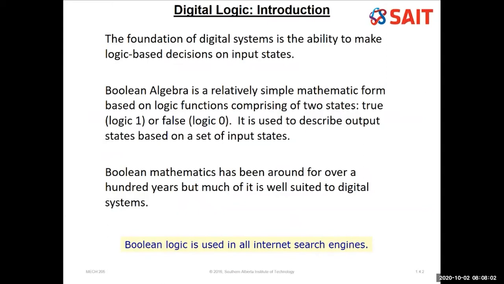We use it to describe an output state based on a series of inputs. Based on a series of inputs and decisions, we can arrive at an output or a decision. Now, the Boolean mathematics part has been around for a couple of 100 years, named after Charles Boole. But there's evidence that this sort of thing has been used for thousands of years in many cultures.